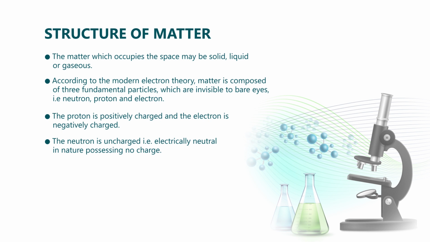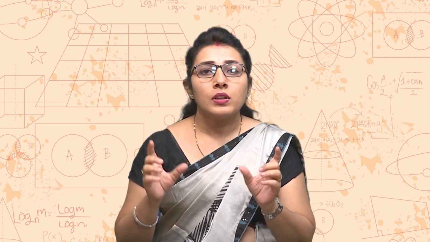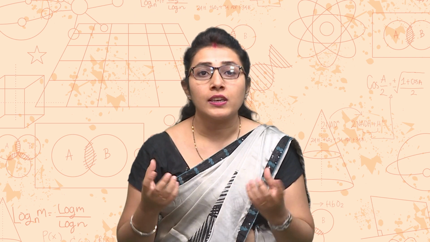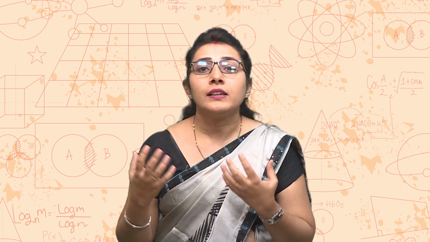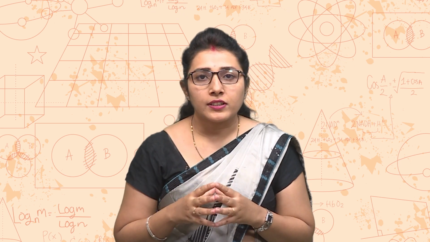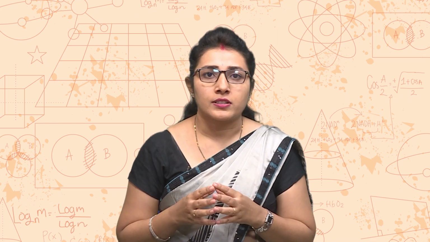There are electrons and protons which are equal in number, so the positive and the negative charge cancel each other out. Thus, they become electrically neutral in nature, and the overall electric charge of the matter is 0, or it is uncharged.